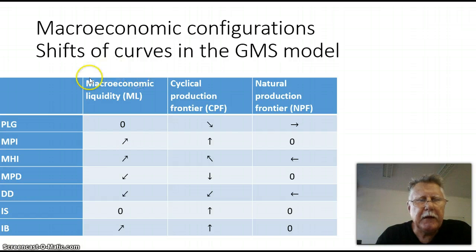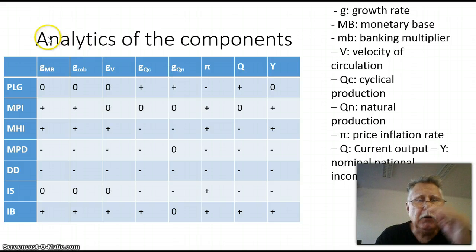Here we have the major variables, and here the direction that these variables take, for example, an upward to the right shift, or downward to the left shift, or downward shift, or no shift at all. Now, as to the analytics of the components, here are the components that are inherent in the model. G for growth rates, here the price inflation rates, and here the constellations.